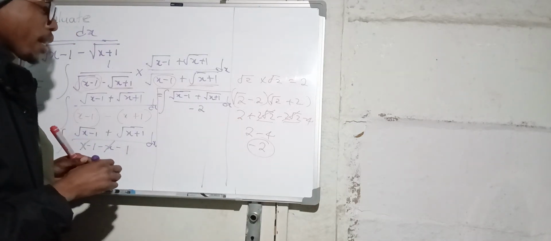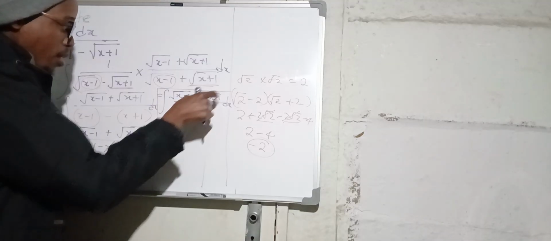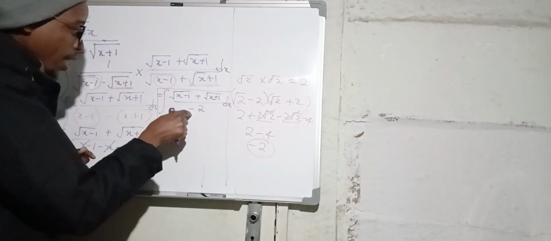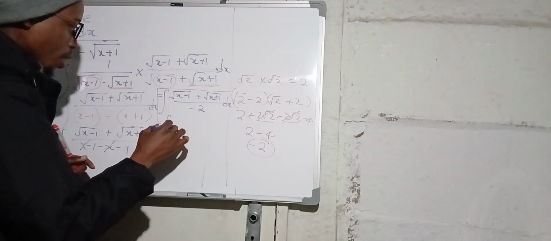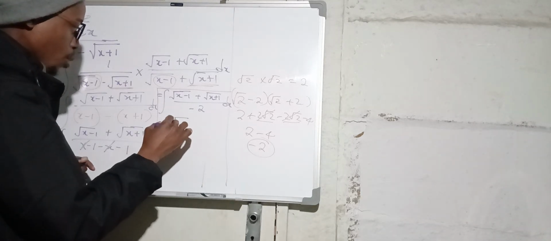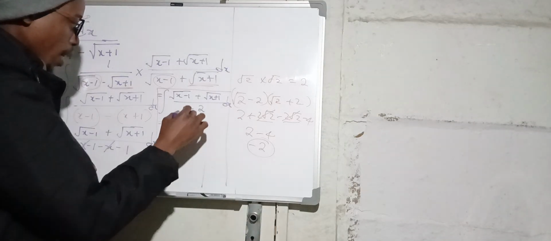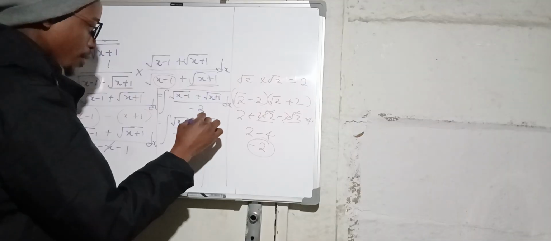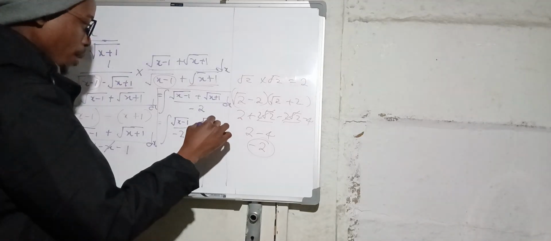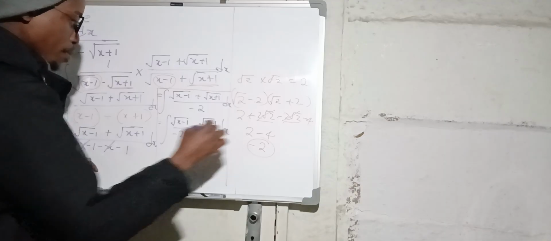So now another thing, I can divide this by 2, plus this and that. However, negative and positive is going to give me negative. Therefore, I can continue to say I have root of x minus 1 all over minus 2, and then negative and positive division is going to give me that, and then I'll have x plus 1 all over 2, and then the dx part.